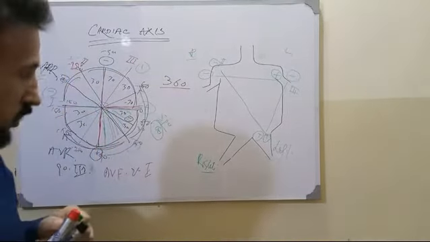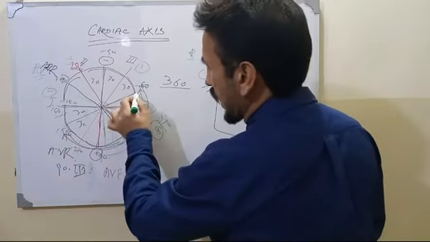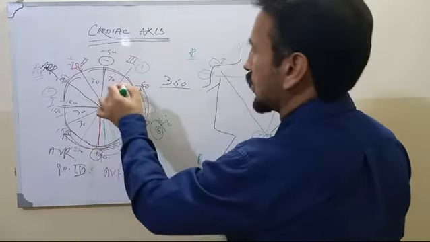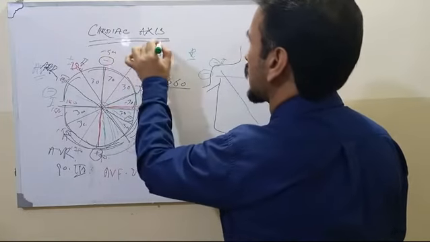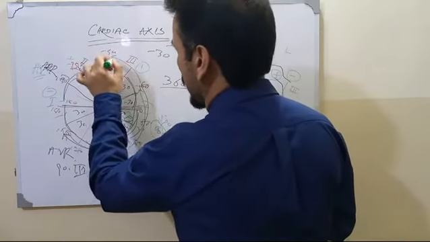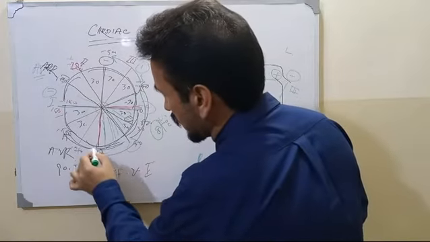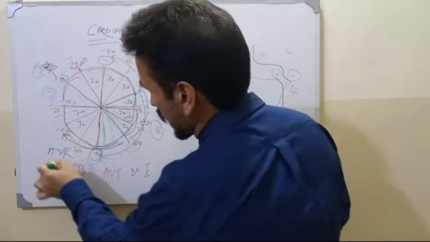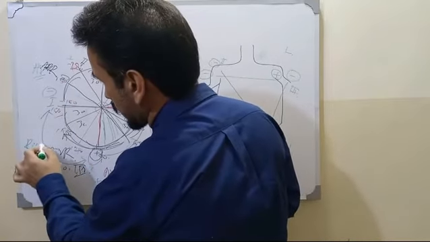So now this is the normal cardiac vector. If the cardiac vector lies between -30 here to -90, this is called the left axis deviation. If it lies between the +90 here to the +180, this is the right axis deviation.